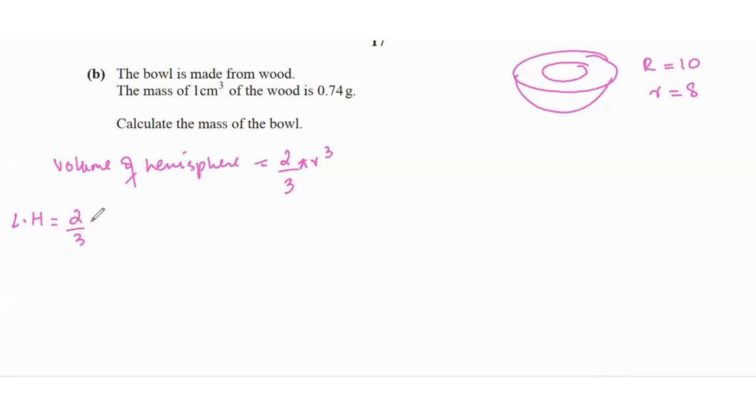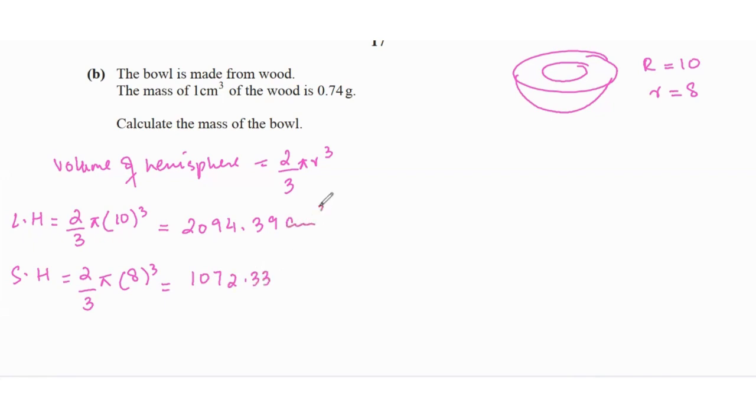So we'll do 2 over 3 pi 10 cubed for the large hemisphere, which is 2094.39. For the small hemisphere, we'll do 2 over 3 pi 8 cubed, which is 1072.33 centimeter cube.